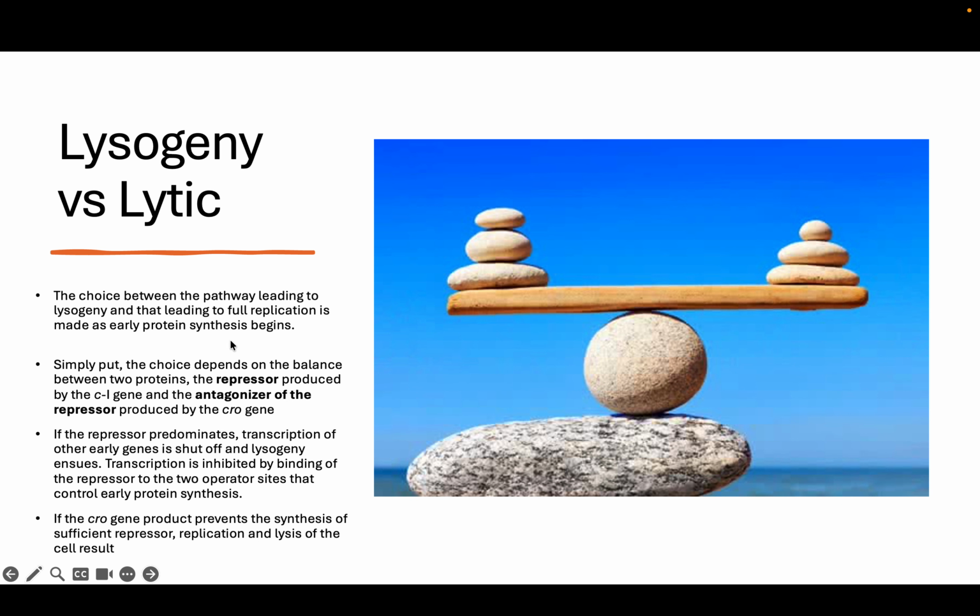Is the repressor protein being produced or the antagonizer? In these bacteriophages, you have repressor proteins, which are called CI genes, and you have antagonizer repressor proteins, which are called CRO genes. If in the case of the bacteriophage you have a lot of repressor genes being produced, this repressor is going to stop any protein synthesis.